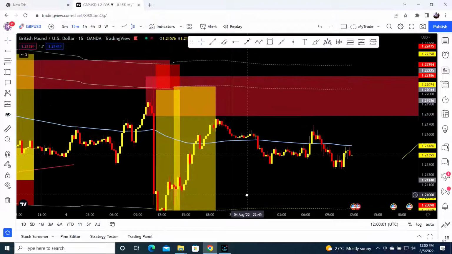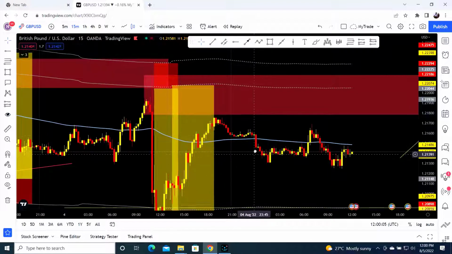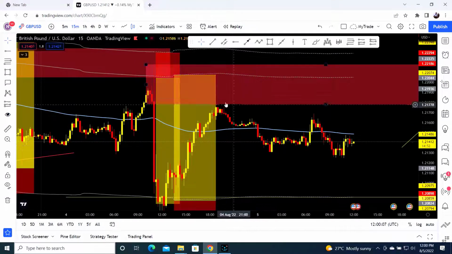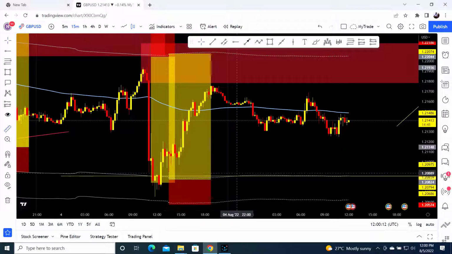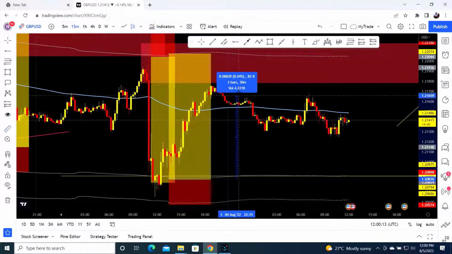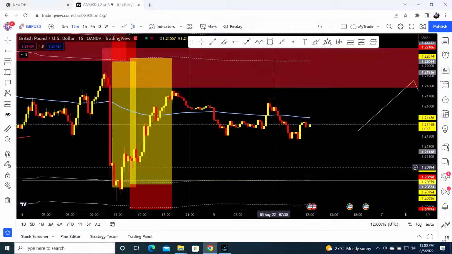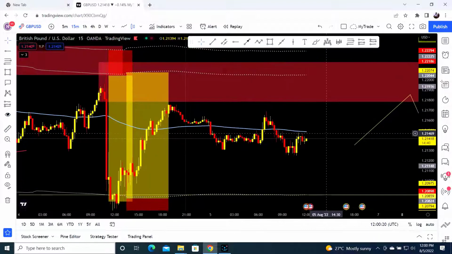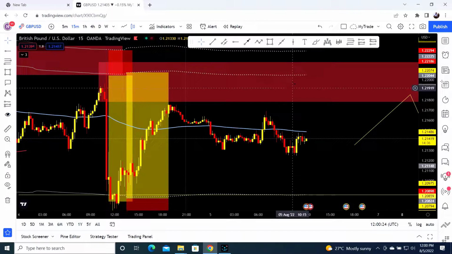Of course, if I was in this trade, I would have TP'd around here, and that will give me about how many pips? 90 pips.